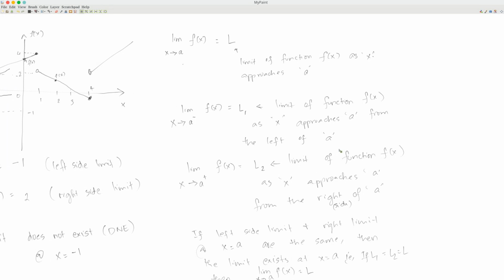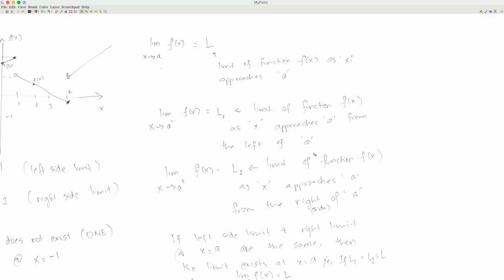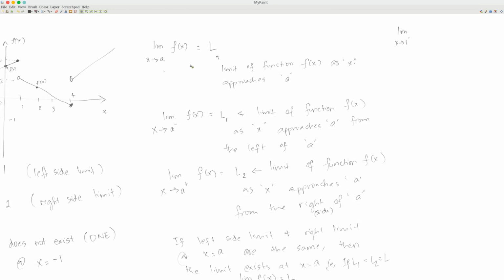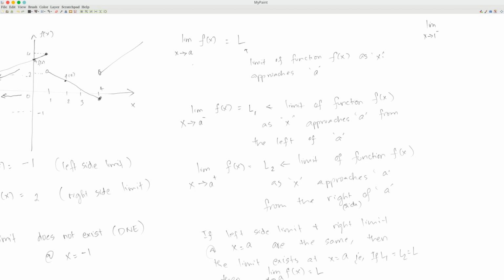Now, let's do another case, for x equal to 1. Let's approach 1 from the left hand side. As I come from the left toward 1 in that direction, the function is going up toward that point. The function's moving that way and hits that wall, so the limit from the left hand side at 1 would simply be 4.